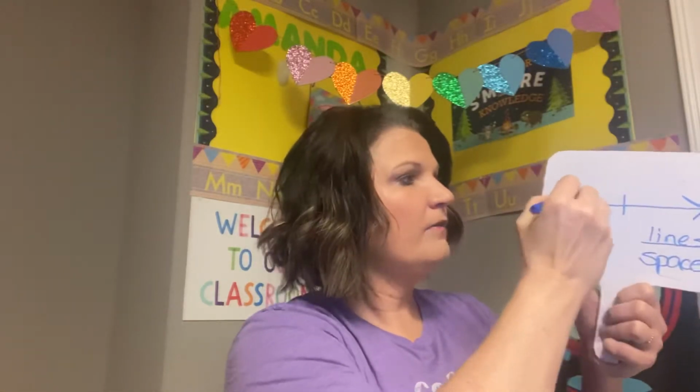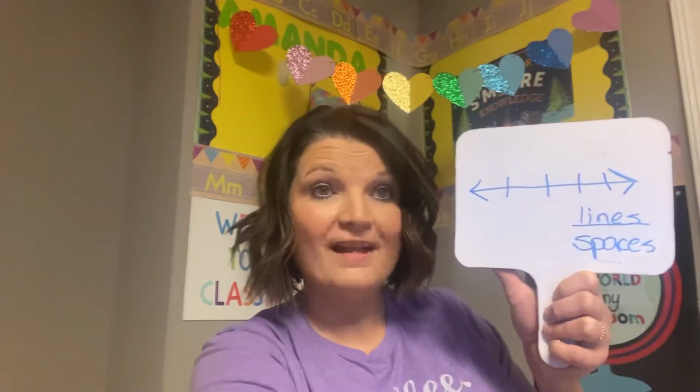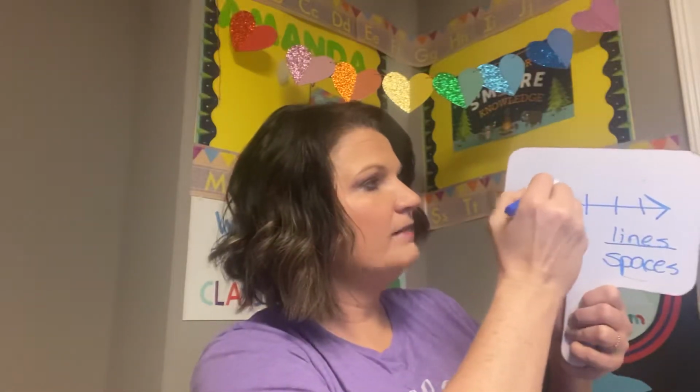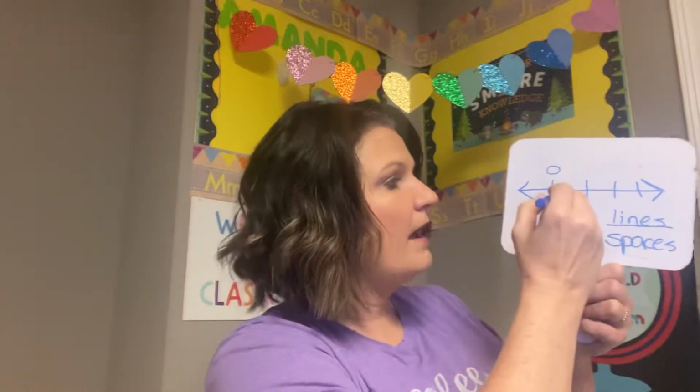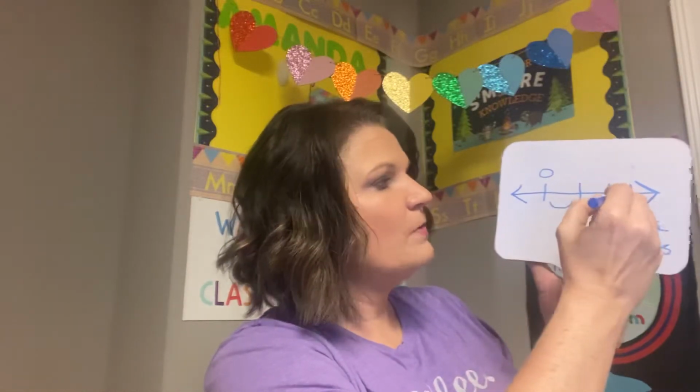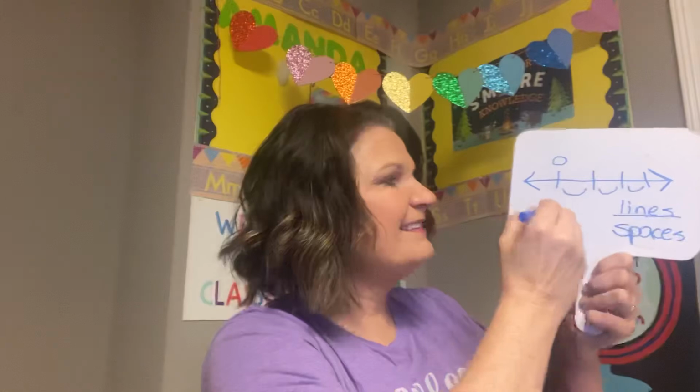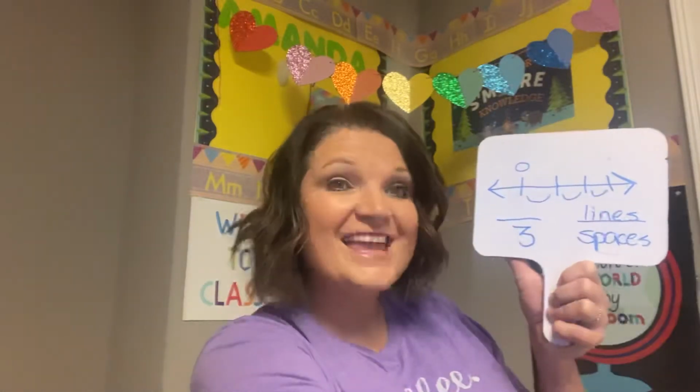So, if I have this number line, the first thing I'm going to do is count the spaces. I always know this is 0, so I don't have to count before the 0. So I have 1, 2, 3 spaces. So my denominator is 3.